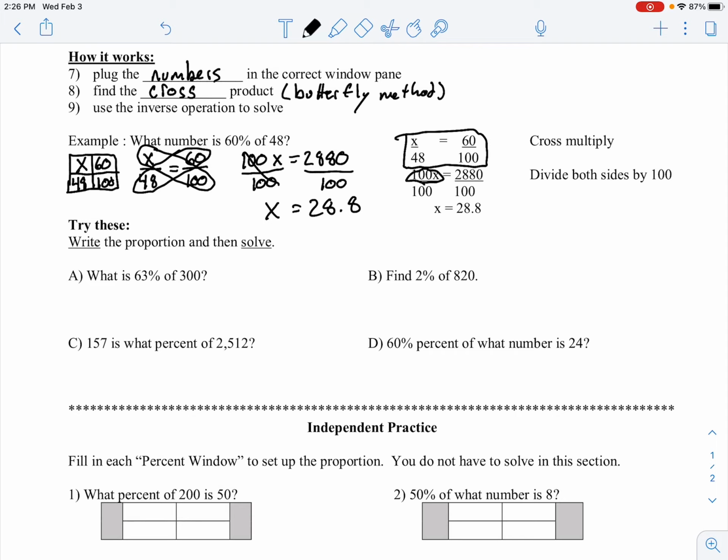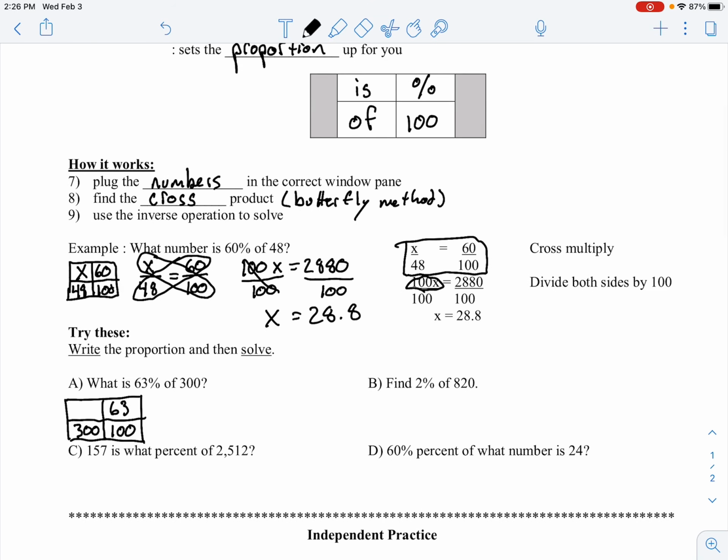So we will make our window pane so that we can continue this on. We know we're getting 63%, so 63 out of 100. And of would go down here, right? Just like up above, of goes down below.